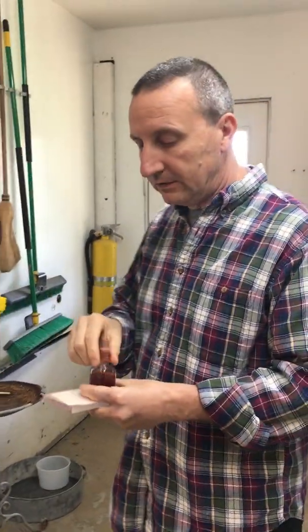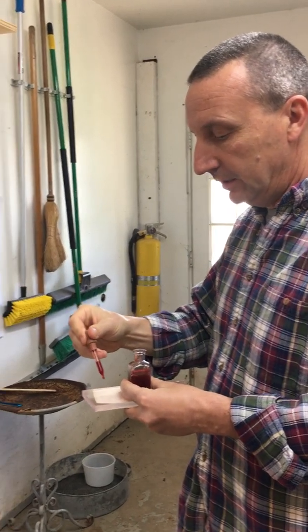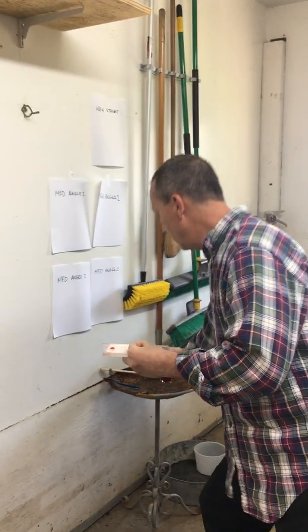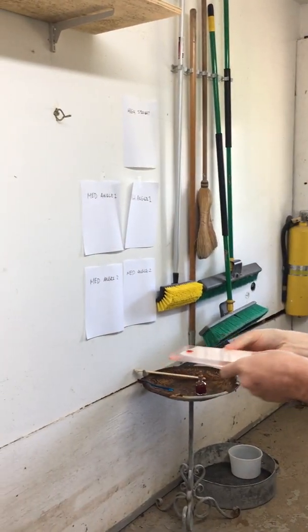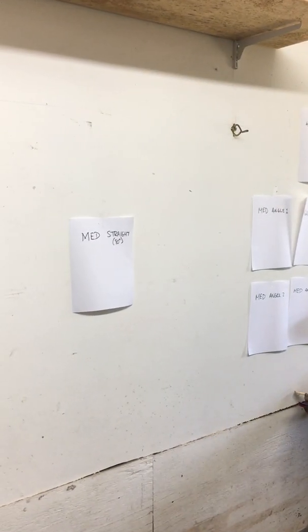All right, so my first one, we're going to do a medium velocity. So this little device here is going to represent our medium velocity spatter. So I'm going to put a little blood on our paper here, or on the plastic, and our spatter is going to go like this.